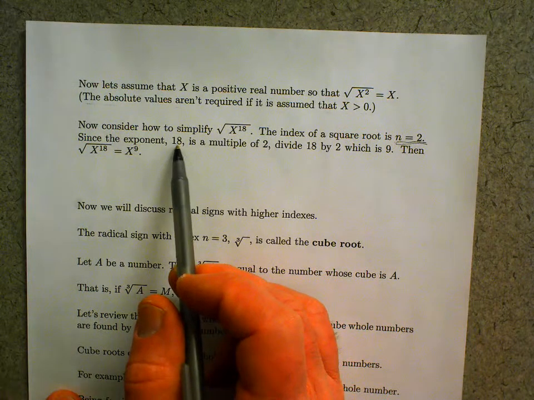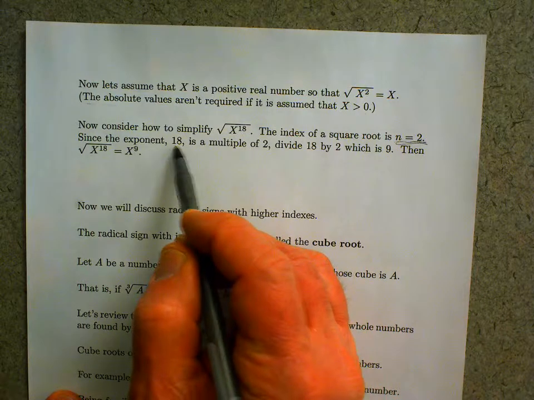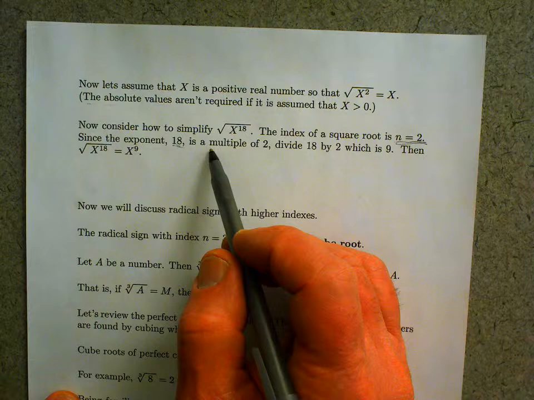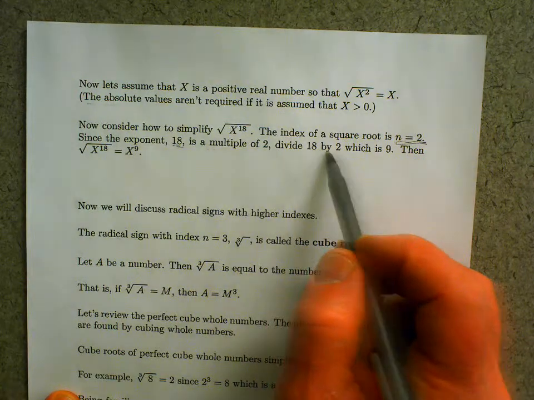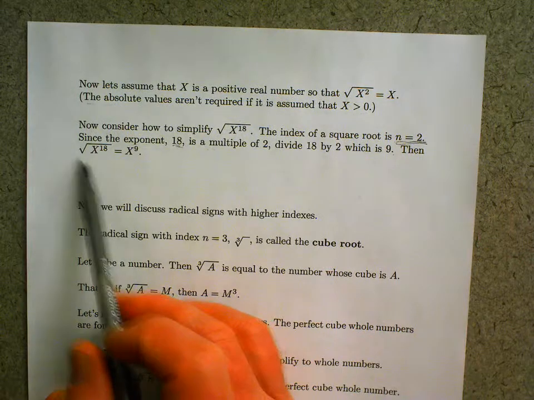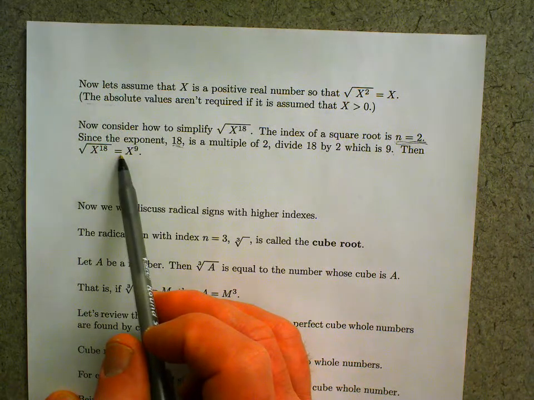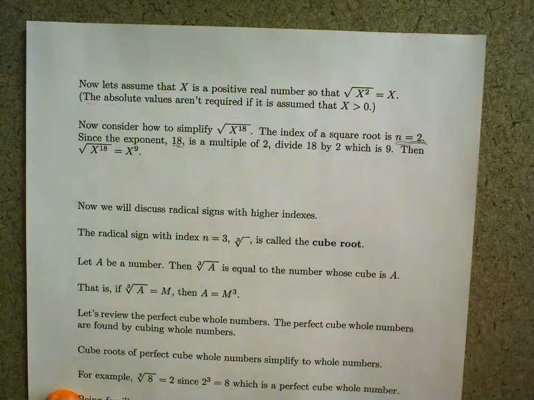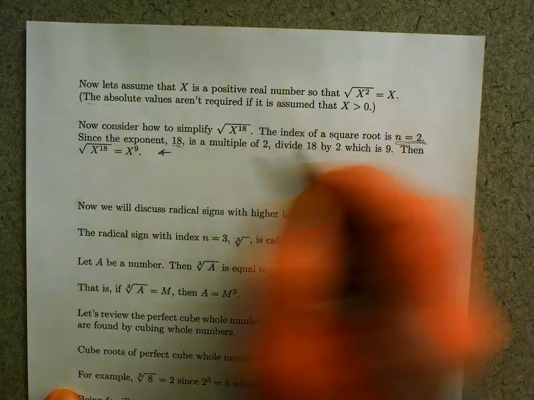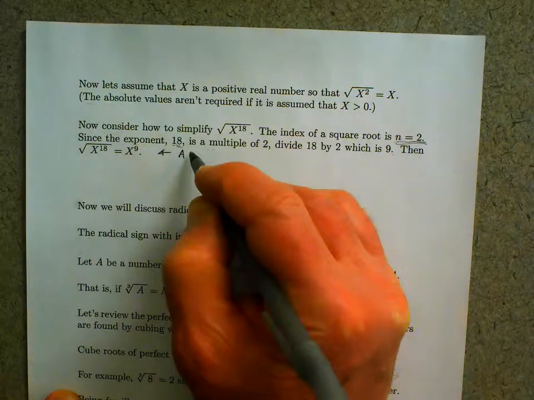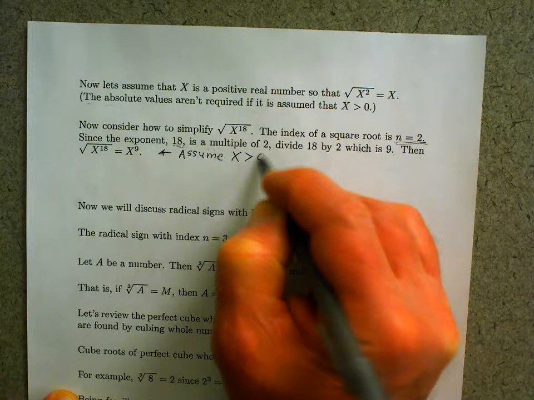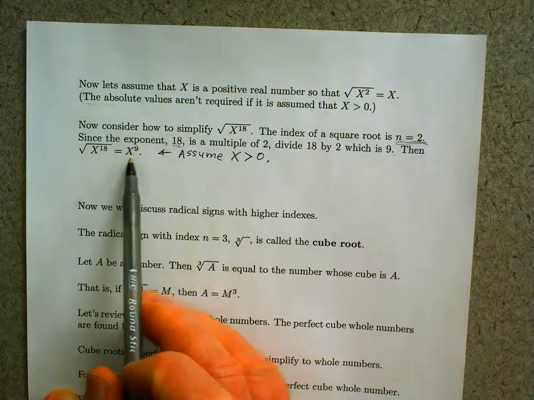Since the exponent 18 is a multiple of 2, we can divide 18 by 2 to get 9, and then simplify the square root of x to the 18th to be equal to x to the 9th. Just to remind you, we're assuming that x is already positive, so that the absolute value is not required.